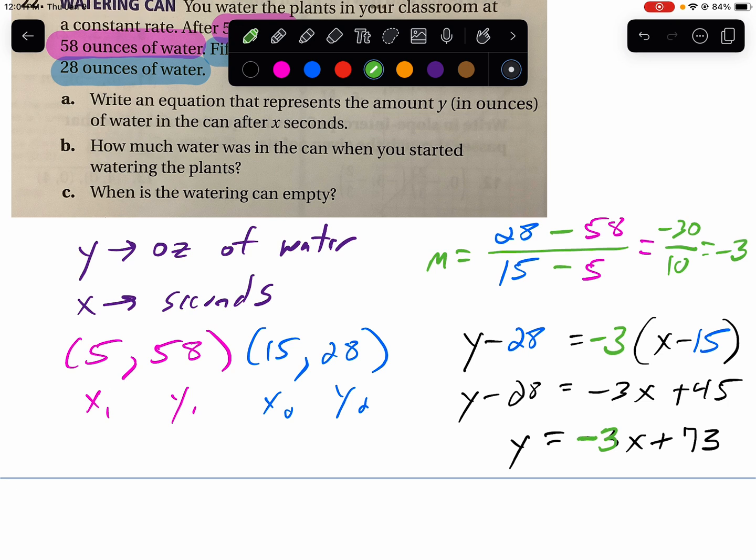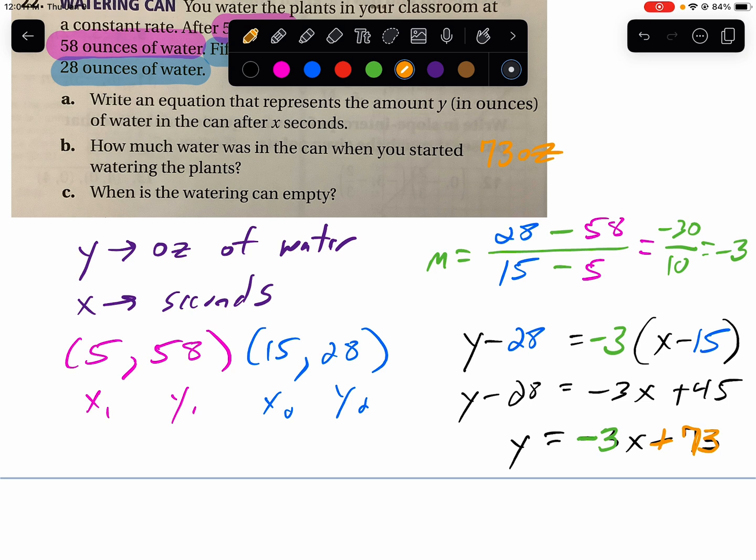So that makes sense. So then we also have a y-intercept at 73. Well, y-intercept is, if that's our starting point, well, then that must be how much we started with, right? So 73 ounces is how much water was in the can to start. And when is the watering can empty? Well, that would be when we have no more y, right? So 0.